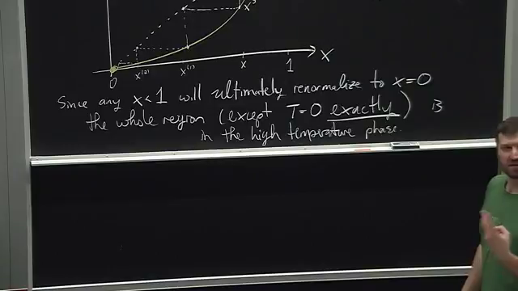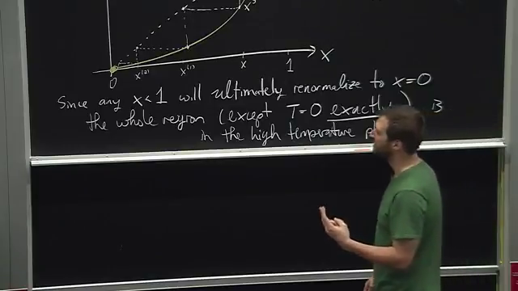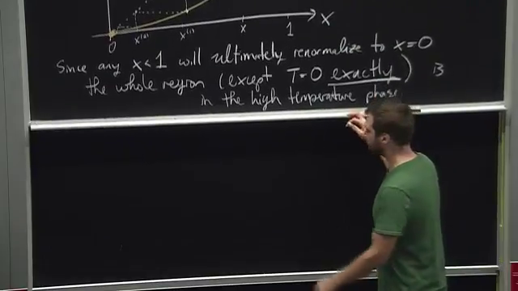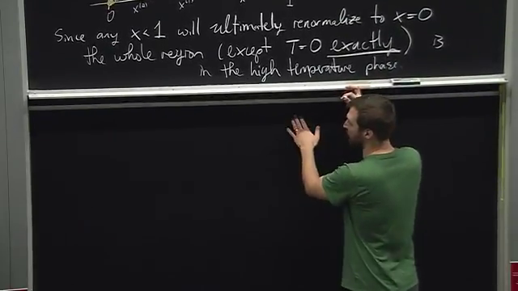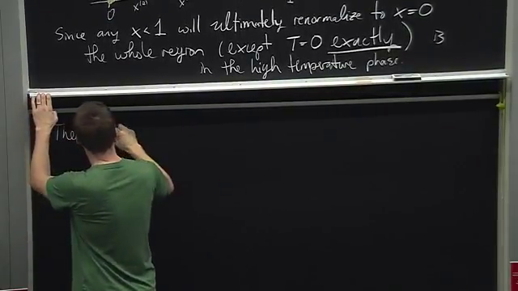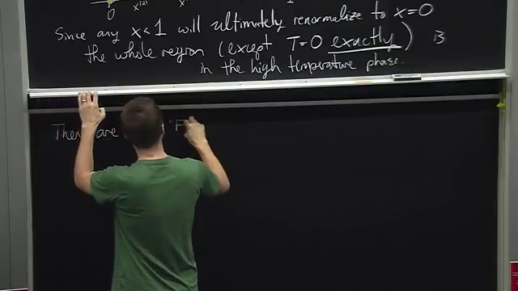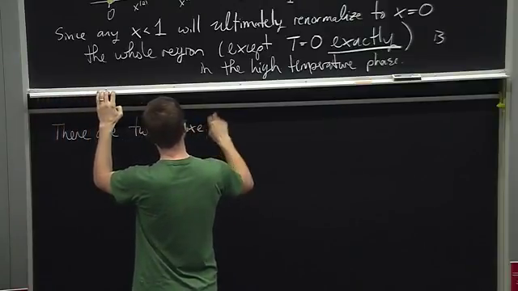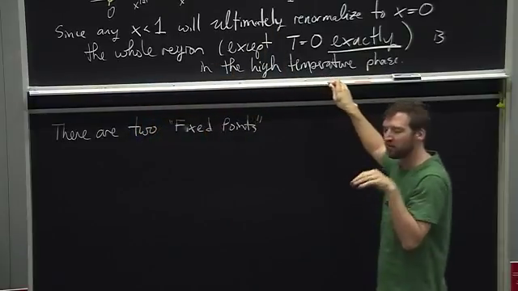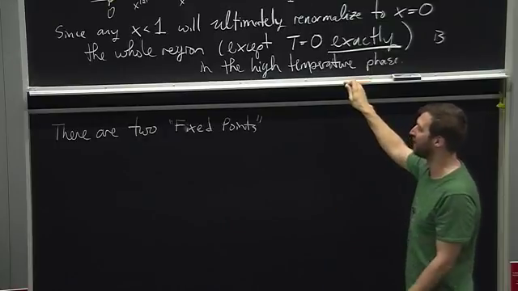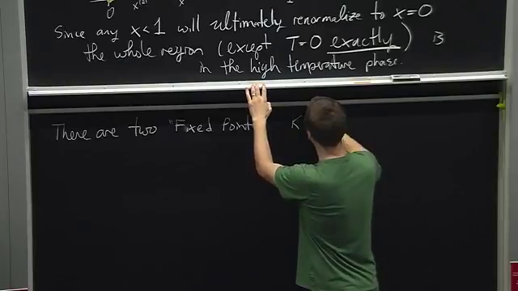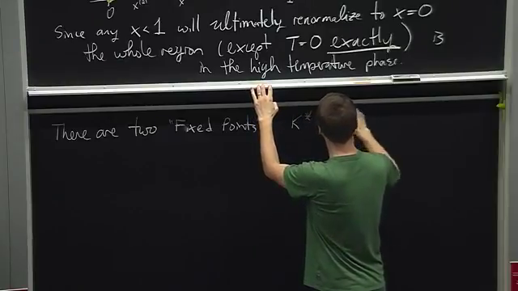So there's two fixed points. The fixed points again are defined when the iteration stops working, right? So those are the two fixed points, the stationary points on that diagram, if you will. Defined by something like K star equals R of K star.